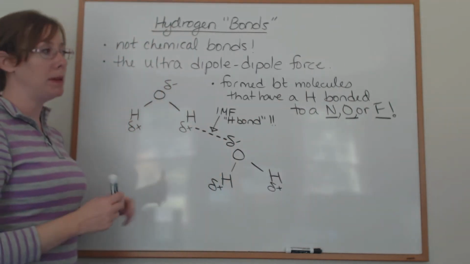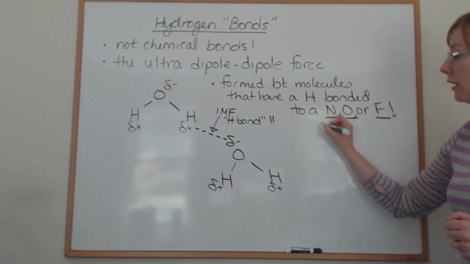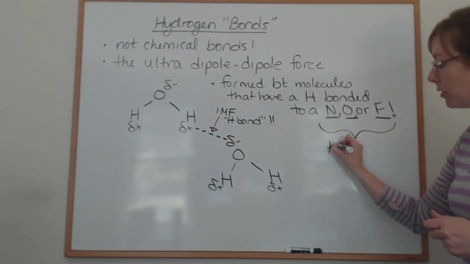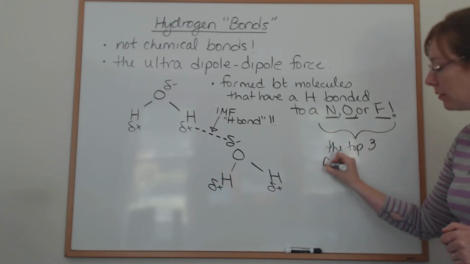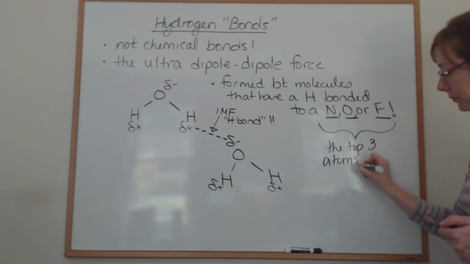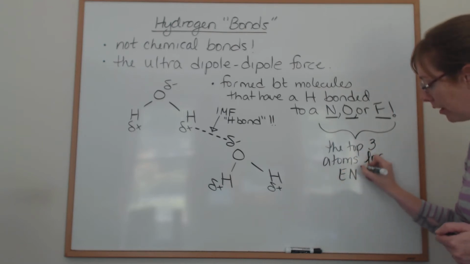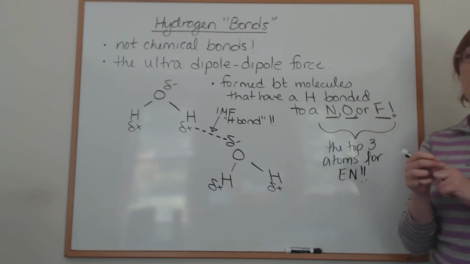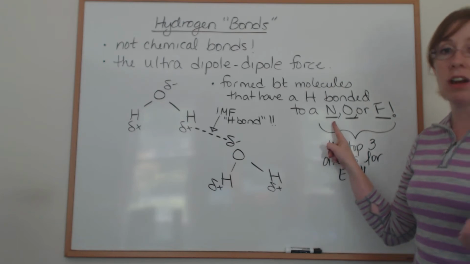Why is that a requirement? What's special about nitrogen, oxygen, and fluorine is that these are the top three atoms or elements for electronegativity. These are the most electronegative atoms, with fluorine being king, oxygen, call it queen, and nitrogen, call it jack.